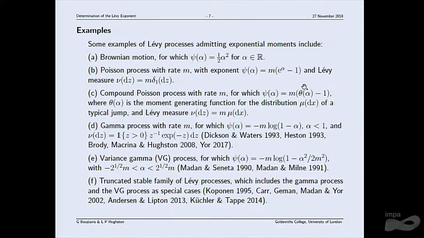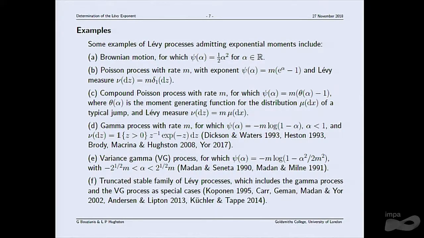Then there's the VG process, the variance gamma process of Madan and co-authors. And a more general family, the truncated stable family of Levy processes, otherwise known as CGMY, which has been investigated by a number of authors.